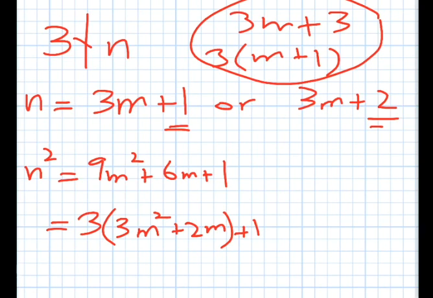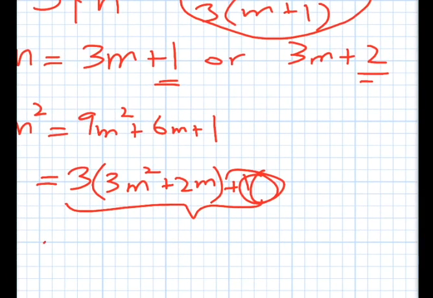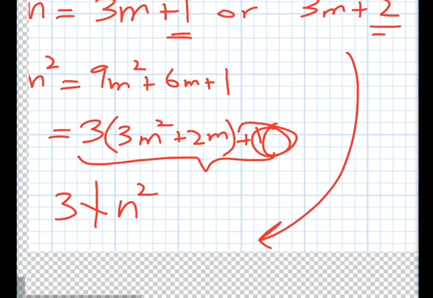Now I can see that there is a remainder of 1 here. Okay, so then I can say that 3 does not divide n squared here. Now let's go here.